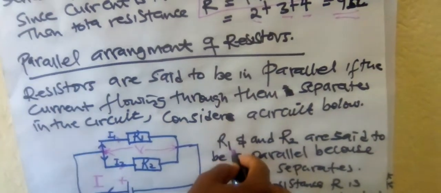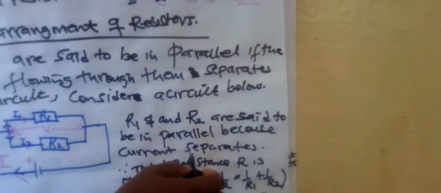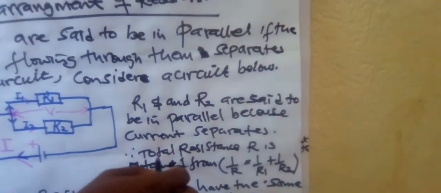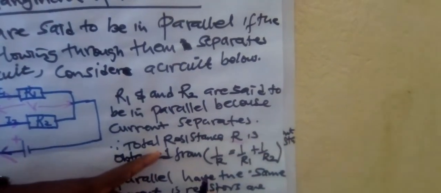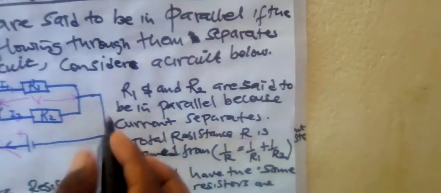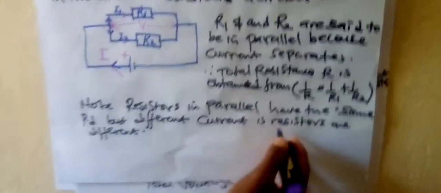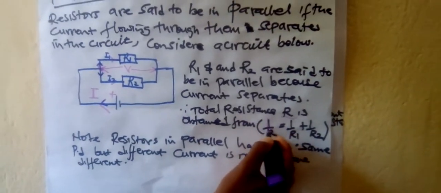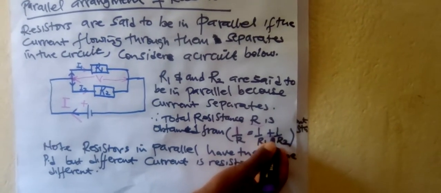Here we have said R1 and R2 are in parallel because current separates. Therefore, total resistance R is obtained from this formula: 1 over R equals 1 over R1 plus 1 over R2.